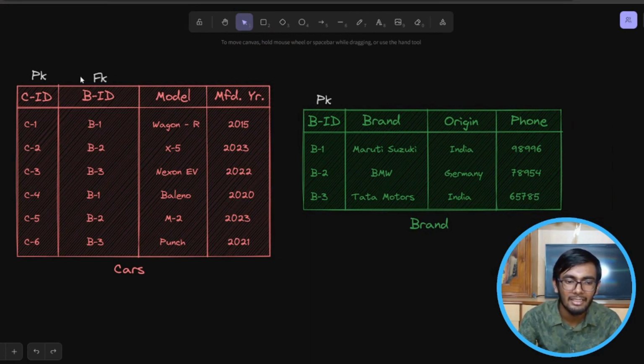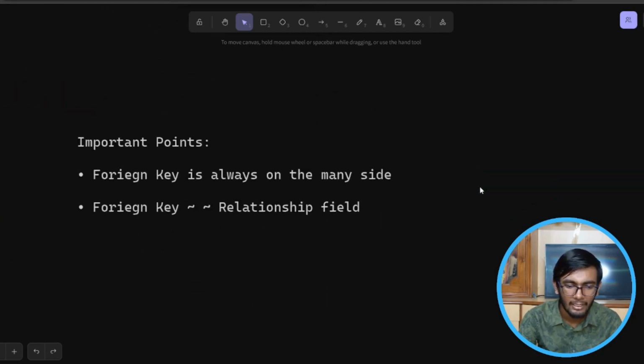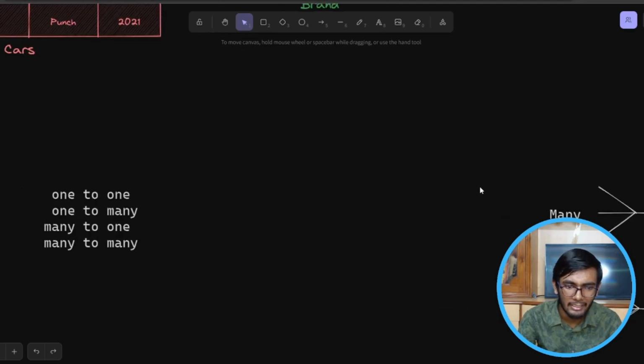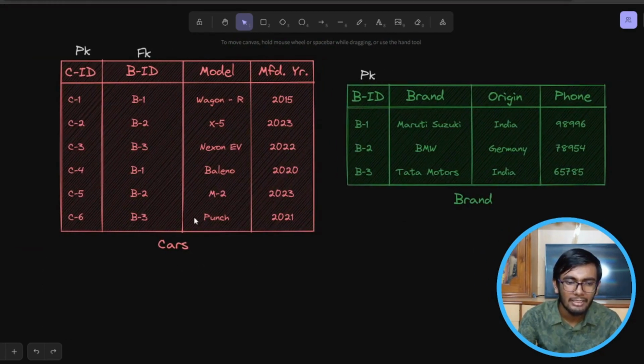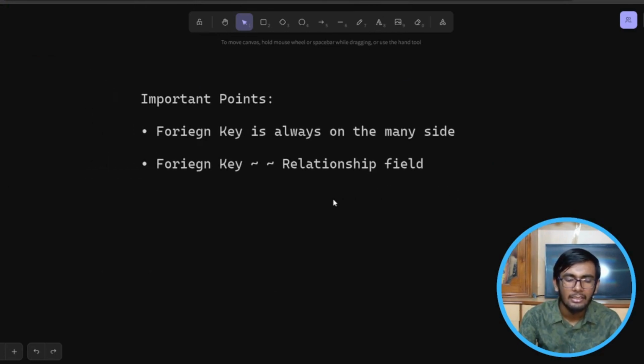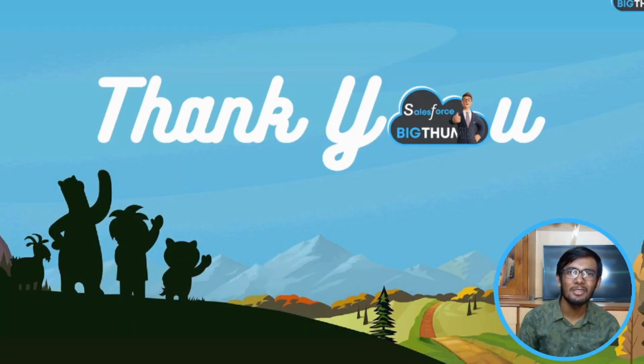The foreign key is present here, not in this table, right? And in Salesforce, the relationship field is the foreign key. So we don't use the term foreign key in Salesforce. Instead, we use the term relationship field.